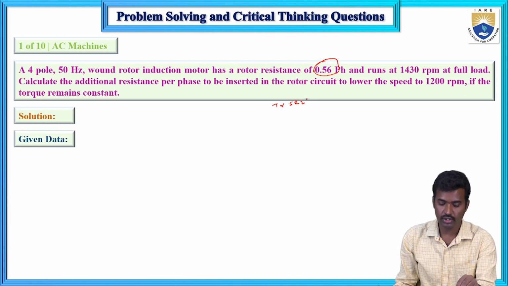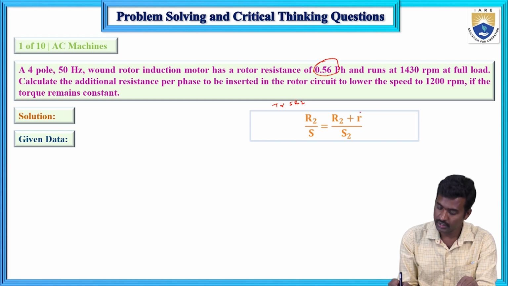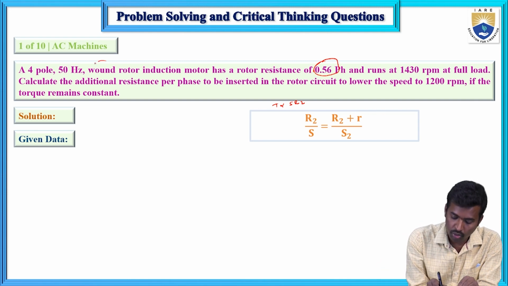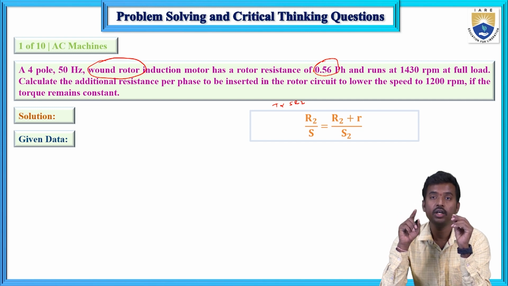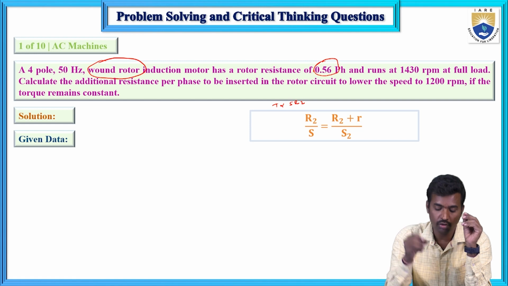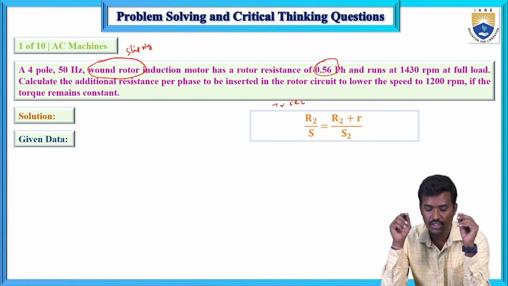Now the solution for this. First, R2 by S equals R2 plus R, where R is the resistance inserted in the rotor circuit. This is the wound rotor. There are two types of induction motor depending on the rotor type: slip ring, whose other name is wound rotor, and squirrel cage induction motor.